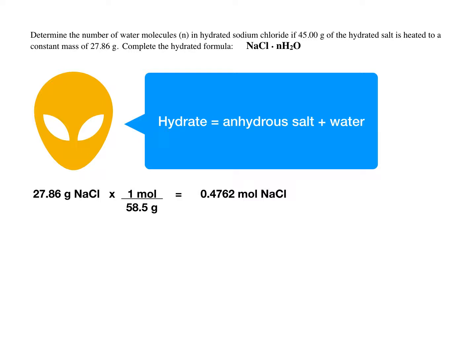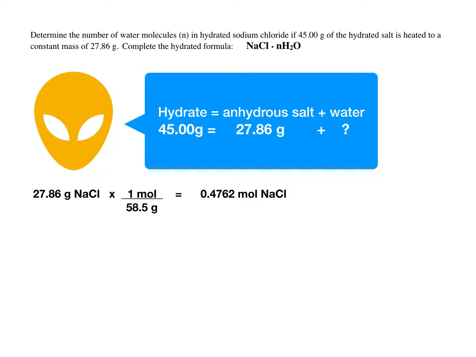So if we take that idea and we put the information from the problem, we'll see that the hydrate has a mass of 45.00 grams, whereas the anhydrous salt has a mass of 27.86 grams, water should make up the remaining mass.